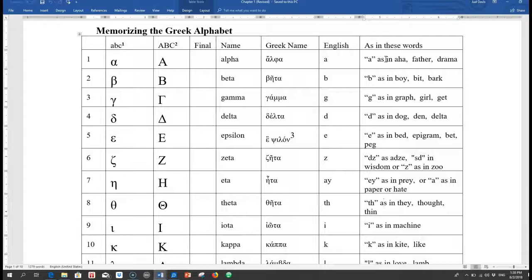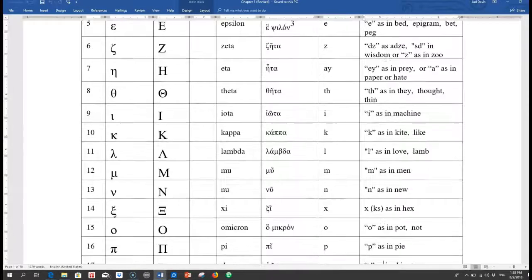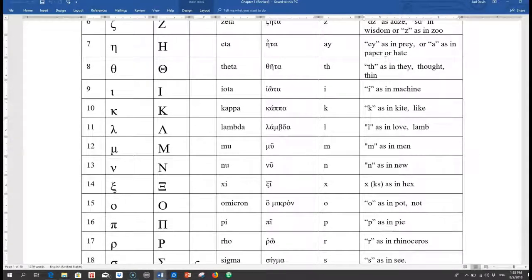So zeta, eta, theta, TH sound. Iota, I sound, as in hit or machine.